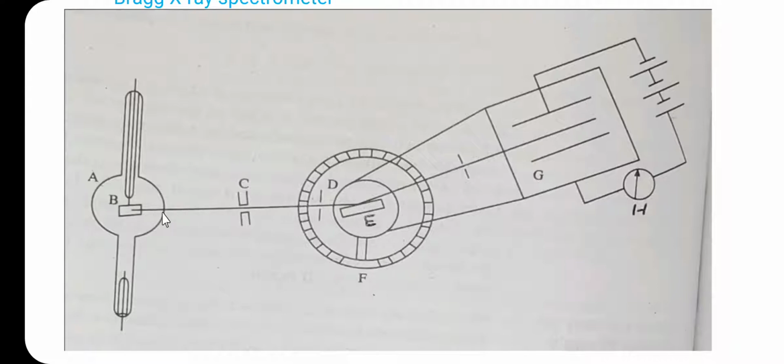Generally the X-rays are generated in the tube A, and when they pass through the slit and the screen, finally we get the sharp and monochromatic beam.